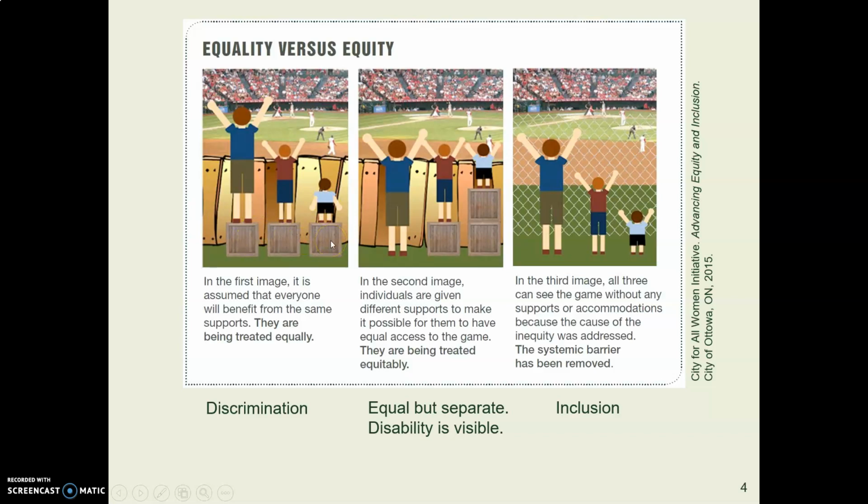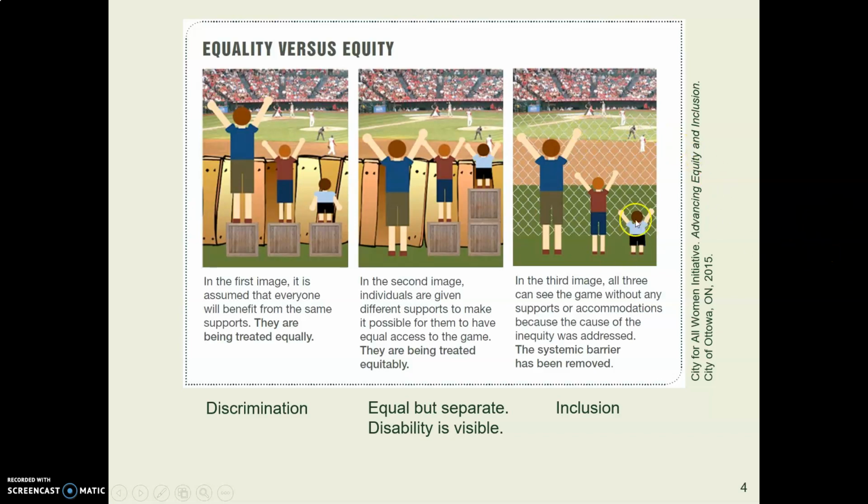They're being treated equally. They all have boxes, but the short person cannot see over the fence. So the designer comes along and says, here, I'll give you a box to stand on. There, now you can see over the fence. Well, that's great, but now you are being treated differently from everybody else.